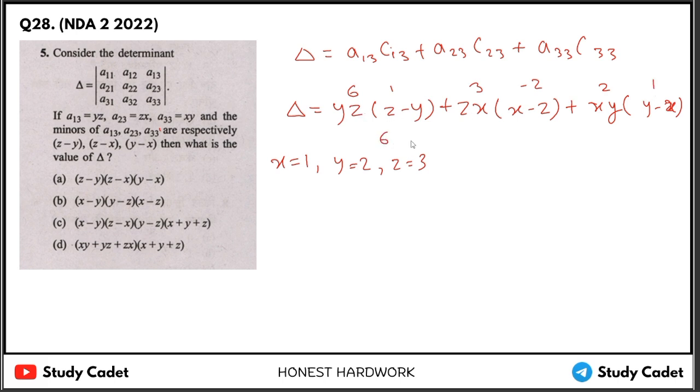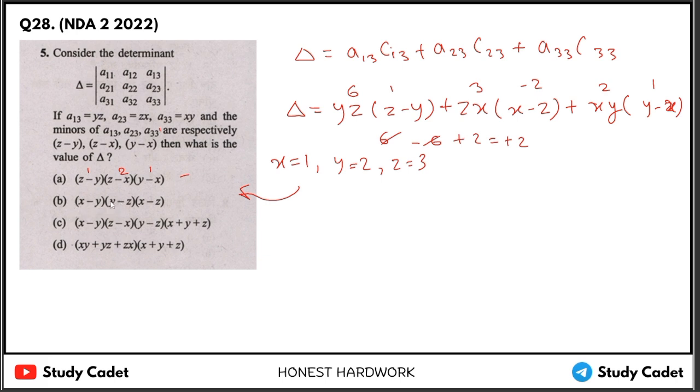So 6 minus 6 plus 2, it's plus 2. Now put values in the options. Z minus Y is 3 minus 2, this is 1, Z minus X is 2, Y minus X is 1, this is plus 2, this can be the answer.